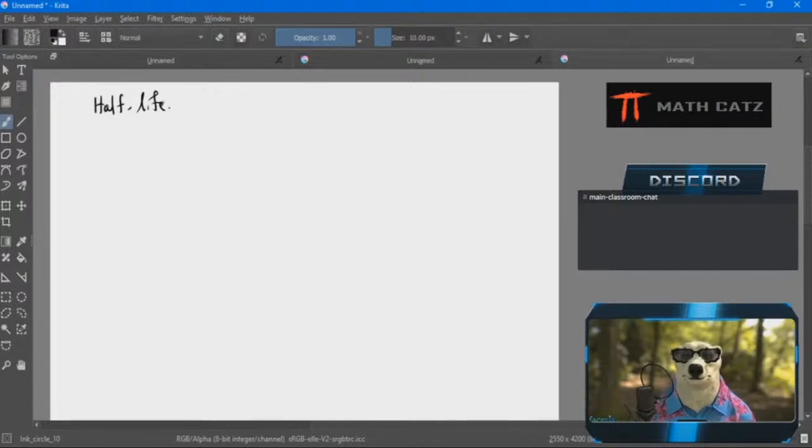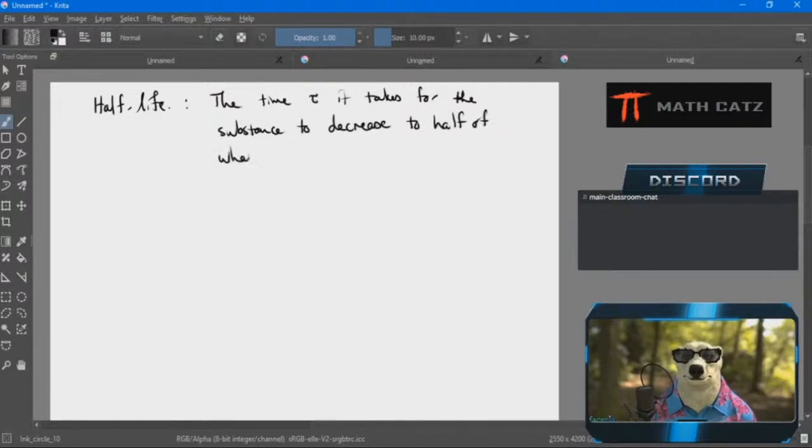So the half-life is the time, let's call it tau, that it takes for the radioactive substance or whatever we're looking at to decrease to half of what it was.